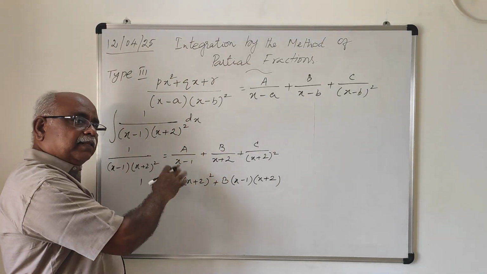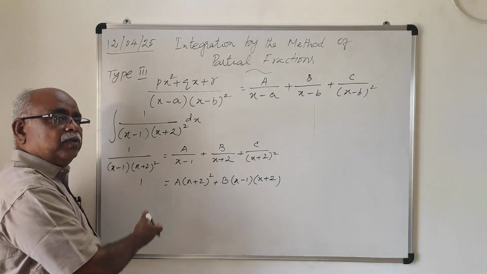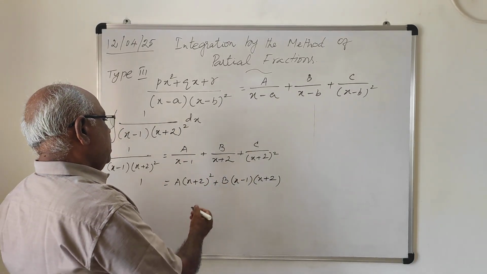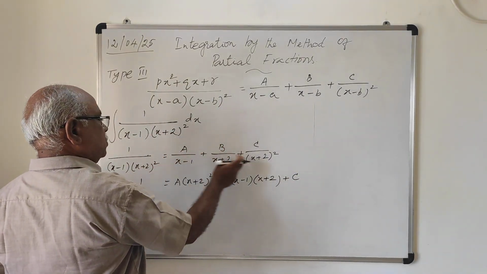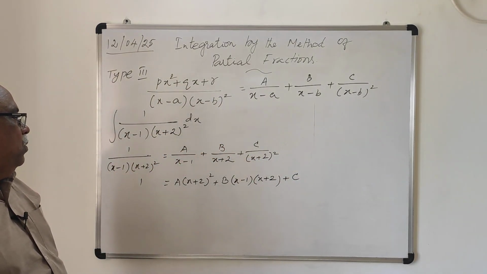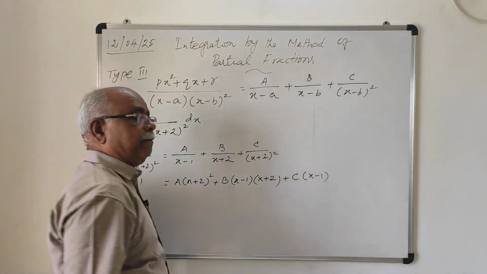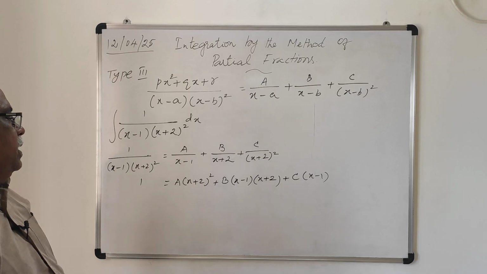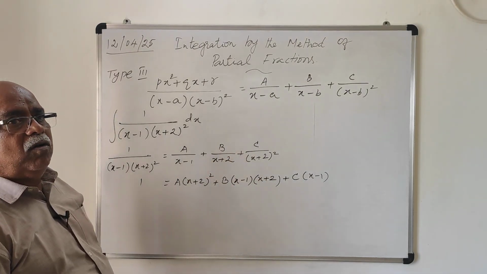Plus C into (x+2) whole square is cancelled on both sides, and you will get just C into (x−1). So from this expression, we have to find the unknown constants A, B and C.